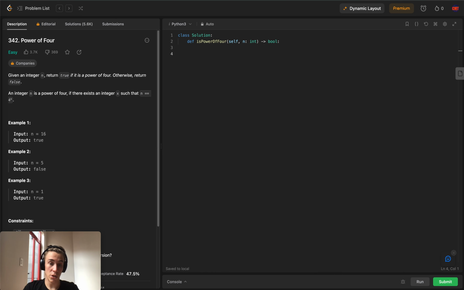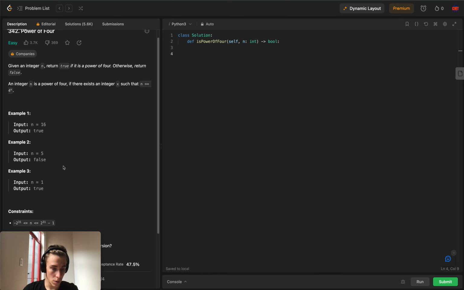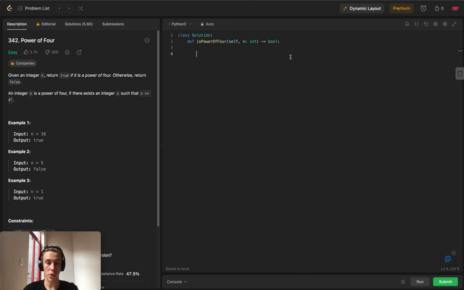So my suggestion is let's write a loop where we divide our n by 4 until we reach 1. If there's a fraction somewhere down the line of dividing by 4, we return false.